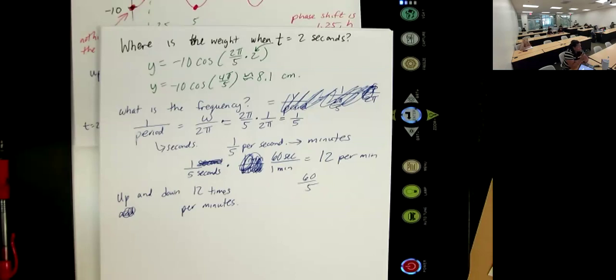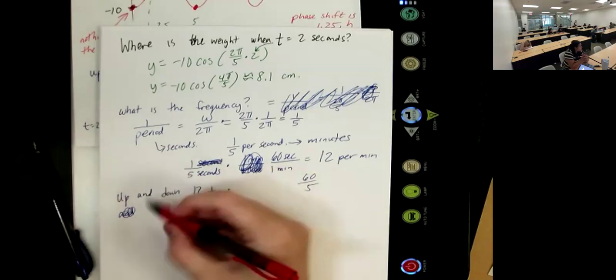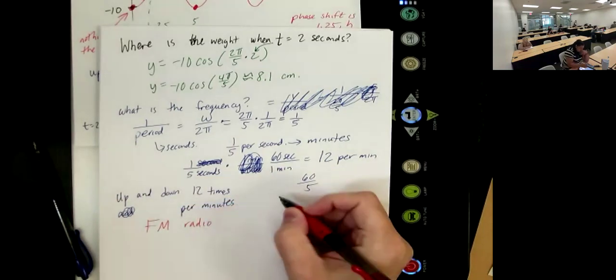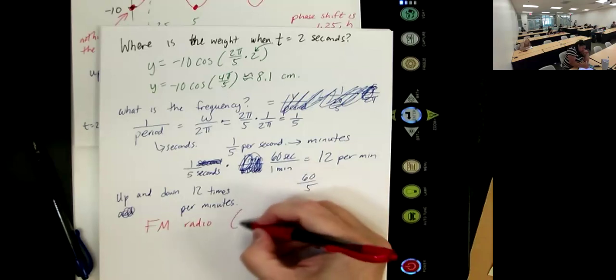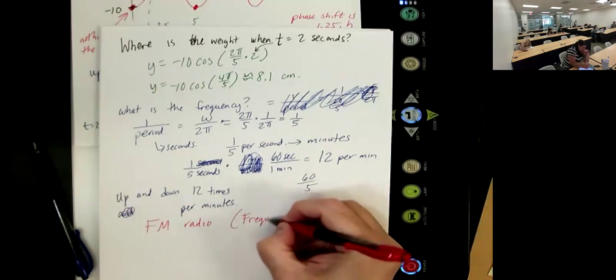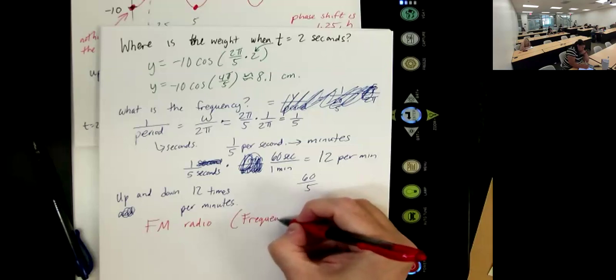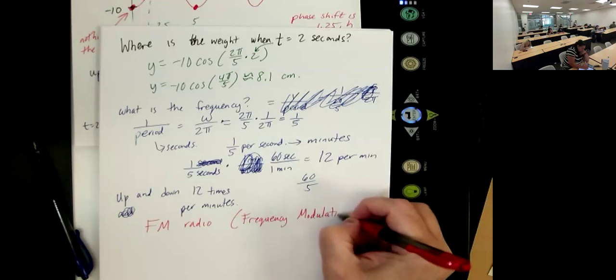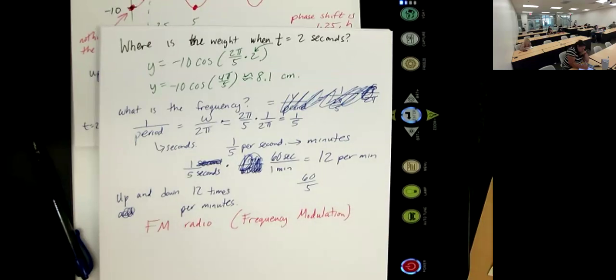Frequency is something you guys know a lot. You may not think of it as much. Your FM radio, or AM, but FM stands for frequency modulation. That number you're tuning into, 101.5 or whatever it is, is the frequency.